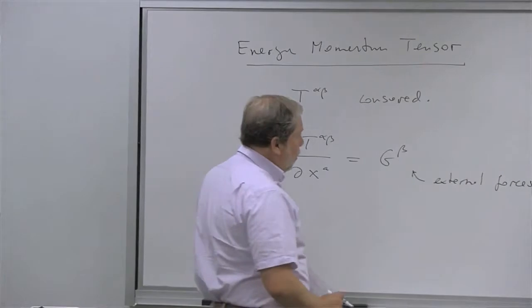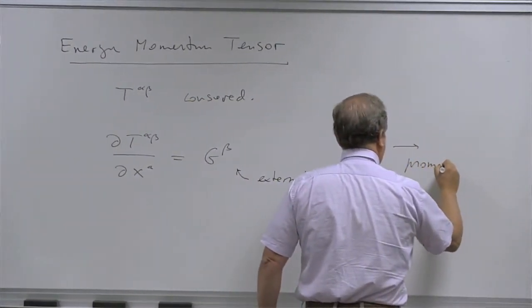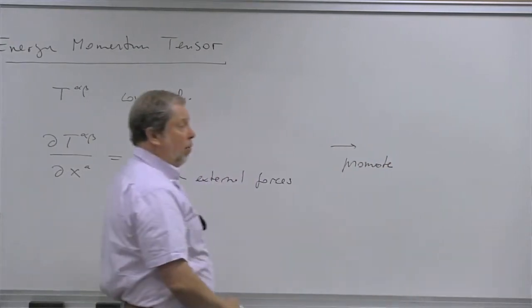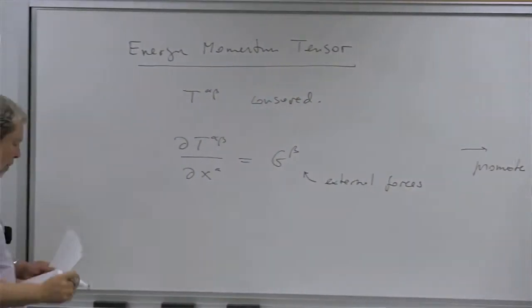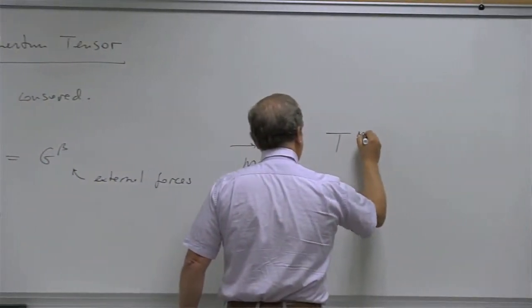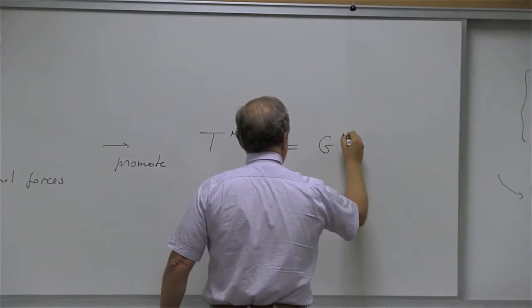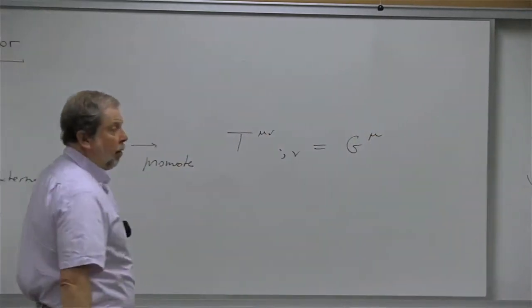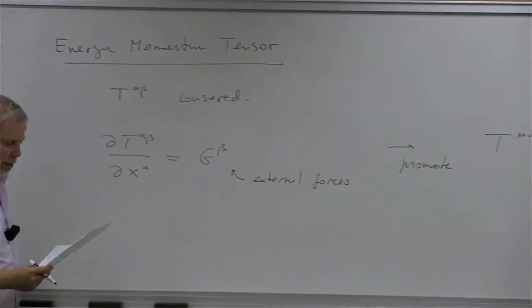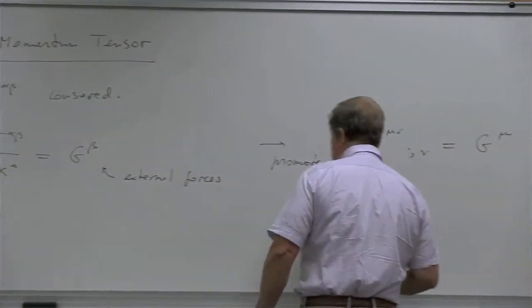And so how do we promote this to GR? Well, again, we replace derivatives by covariant derivatives. So we just have T mu nu, semicolon nu, is equal to G mu, where now the external forces are represented by this G.